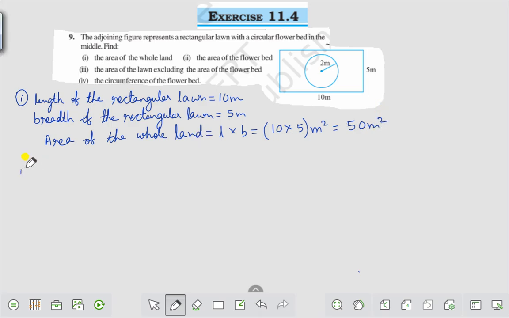Number 2 is the area of the flower bed. The area of this flower bed. Radius is given.